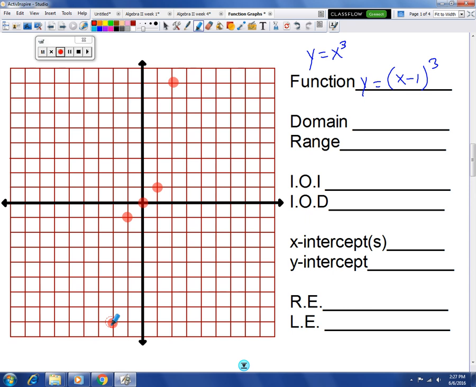Alright, now the minus 1 is grouped in with the x, and in future functions, when we do square roots, that minus 1 is grouped in there with the x. Absolute value, that minus 1 is grouped in there with the x. 1 over x minus 1, that minus 1 is grouped with the x.